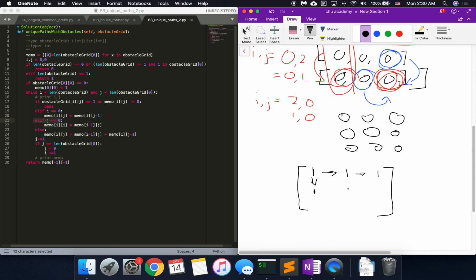And now over here, this isn't the topmost row or the leftmost column, so you have to look at above and left. So 1 and 1, you add these together, and there are two ways to get here, right? Over here, there would be 3 ways to get to this square. This one's 1. This one you have to look at the 2 and 1, so there's 3.